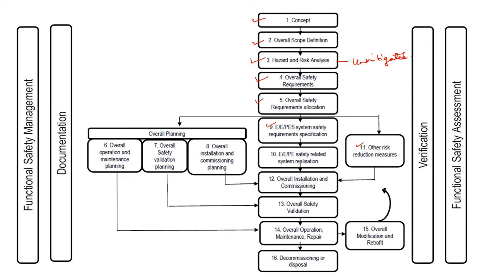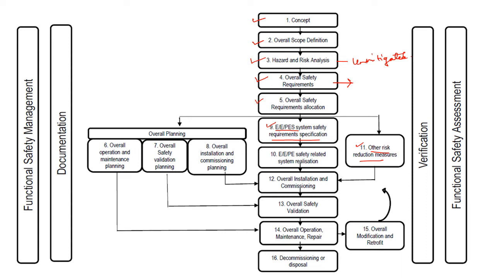From that you get your overall safety requirement, and you need to reduce the risk to an acceptable level. So you mitigate the risk by allocating it into different sectors. One of them is the electrical, electronic and PES system, and there can be other methods of risk reduction also.